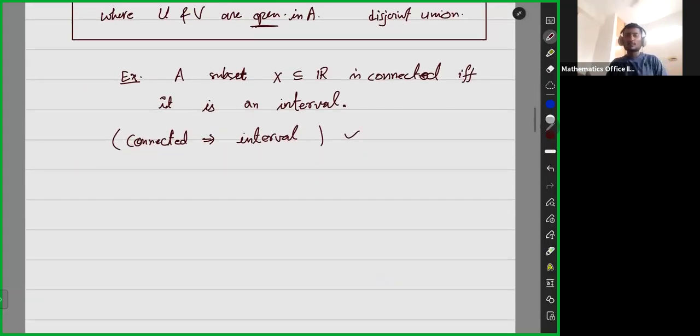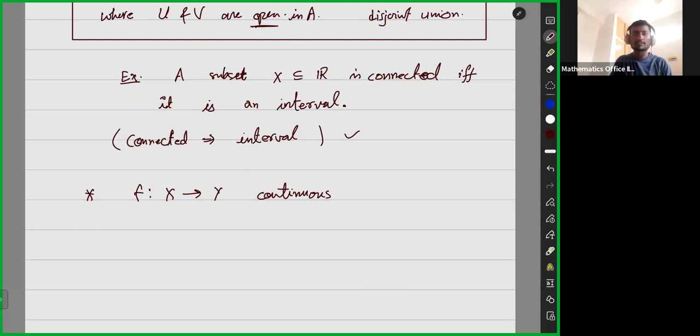Right. So there are some more things when we have continuous maps. Let's say f from X to Y, where X and Y are topological spaces, and f is a continuous map. I think many of you know what a continuous map is, right? Inverse image of an open set is open.